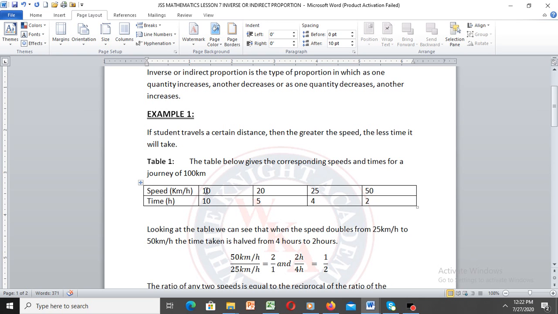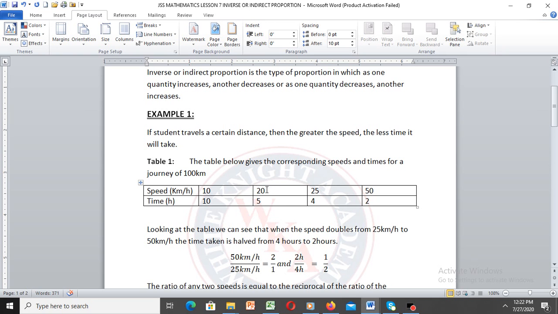If the student is moving at a speed of 10 kilometers per hour, it's going to take him 10 hours to cover a journey of 100 kilometers.